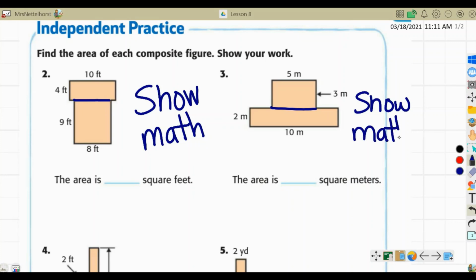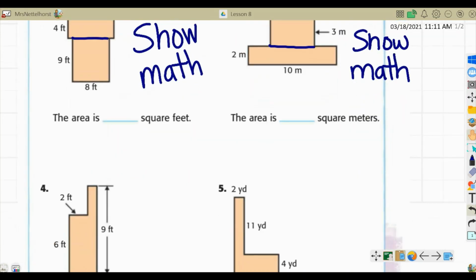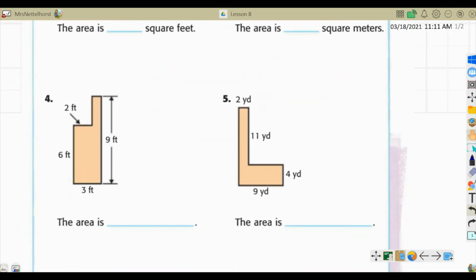On the sides. Okay. Number 4. Now, number 4, you're going to have to do 2 ways. You're going to do it one way when you do it here. You're going to do it the other way for number 6. So here you're going to do it just one way, and you're going to show the math. Show me where you decomposed it for number 4.